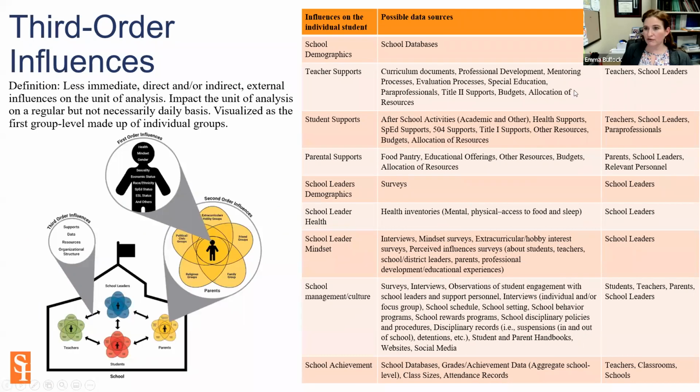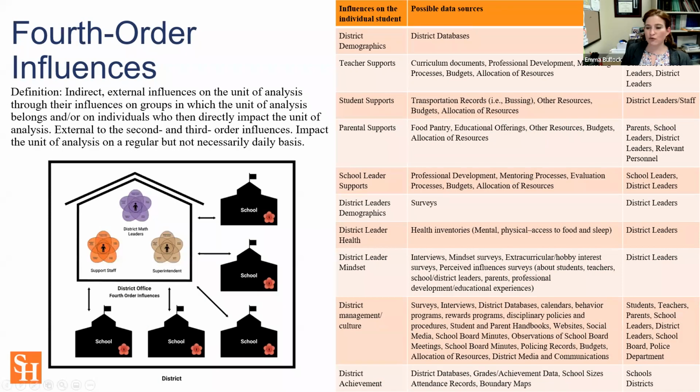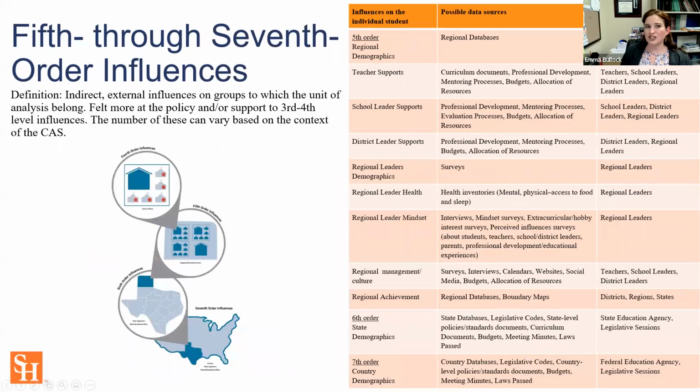In looking at third order influences, we can see students are a possible population to gather information about school management and culture. And for fourth order influences, we see students might be someone who has a perspective on district management and culture. But once we get to fifth through seventh order influences, they're so far removed from the individual students' direct influences that we can see that really they're not a good place to be sampling for that kind of information.